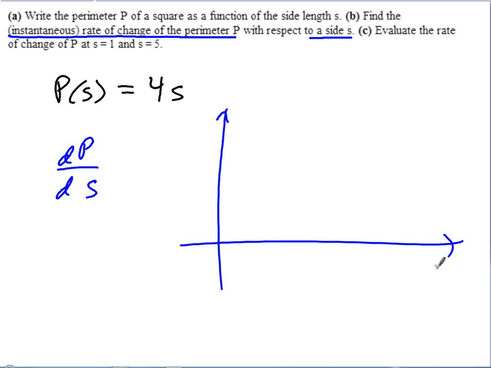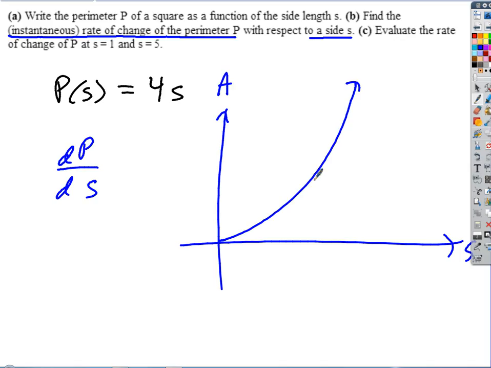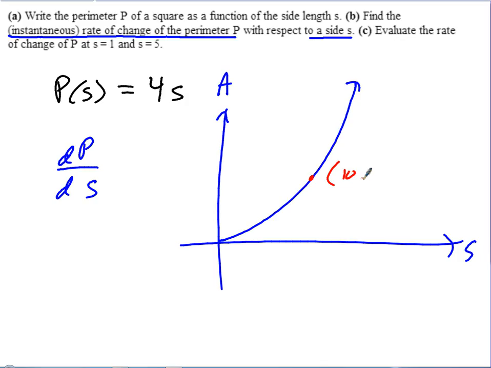If I were to look at a graph, and let's say we're looking at area instead, area as a function of side length s, and it looks something like that. Let's say hypothetically that this is out here at s equals 10, and the area is 50. If I want to know the rate of change of area at that point, it's the slope of that tangent line, isn't it?